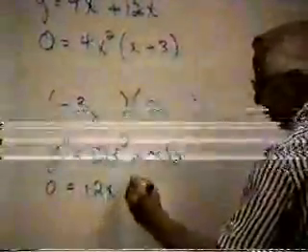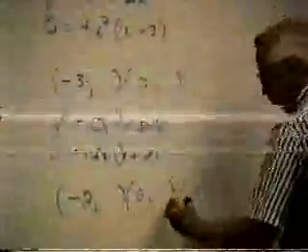Setting that equal to 0 and solving, we get x equals minus 2 and 0. Ooh, wait, notice that we have 0 both places now.